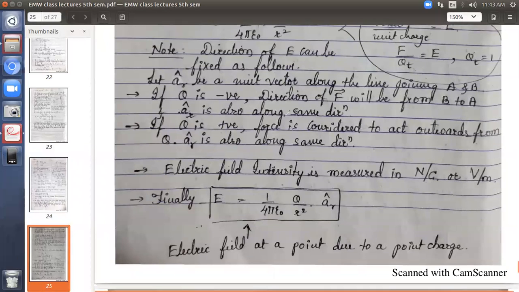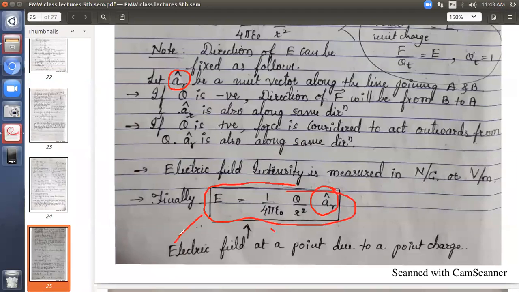As we have just confirmed the direction, depending on whether the charge is negative or positive, the direction of E or F will be accordingly. Considering that direction also, E will finally be 1 by 4 pi epsilon naught, charge by R square, into the direction, which is important, AR cap.